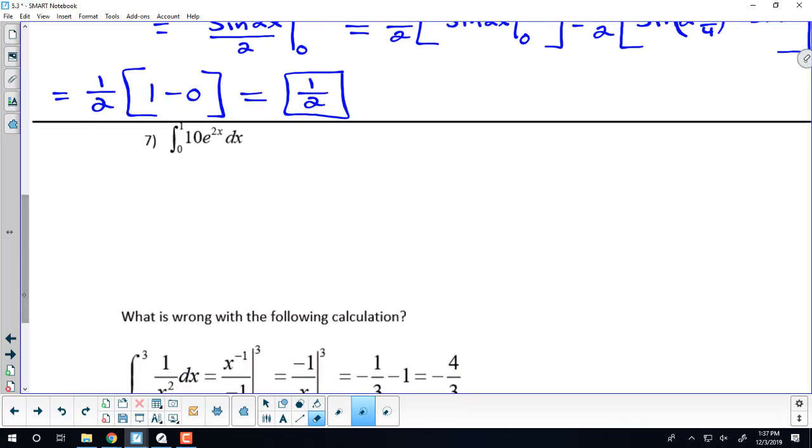Okay, how about 10e to the 2x? What's the antiderivative of 10e to the 2x? 5e to the 2x, do y'all agree?